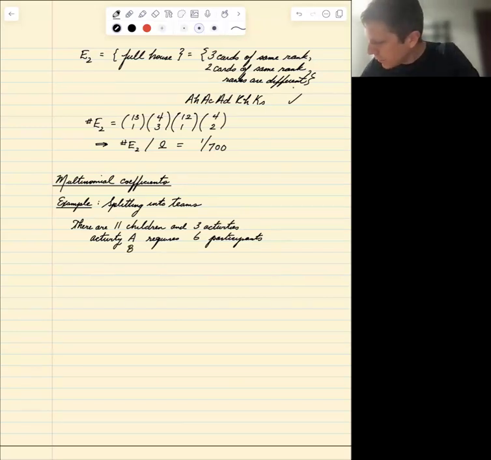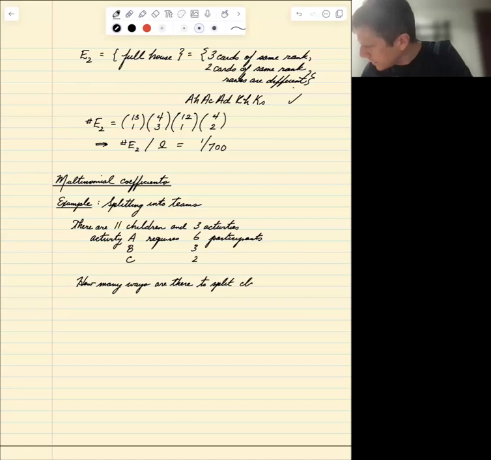Activity B requires 3 participants. Activity C requires 2 participants. So 6 plus 3 plus 2, that's 11. How many ways are there to split the class among these activities?